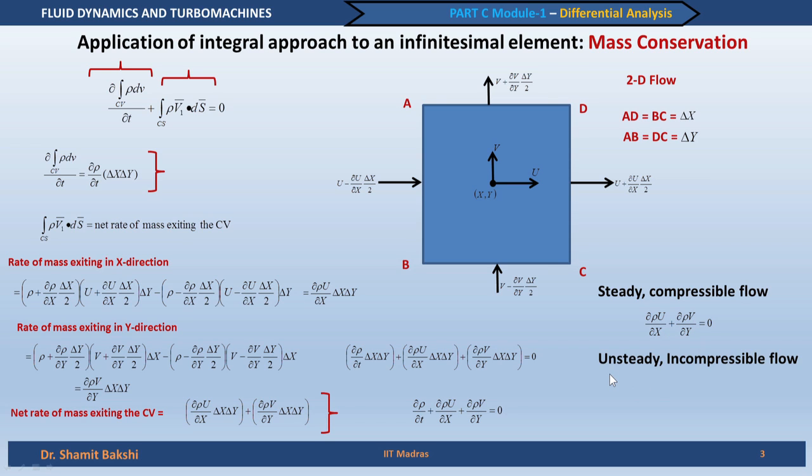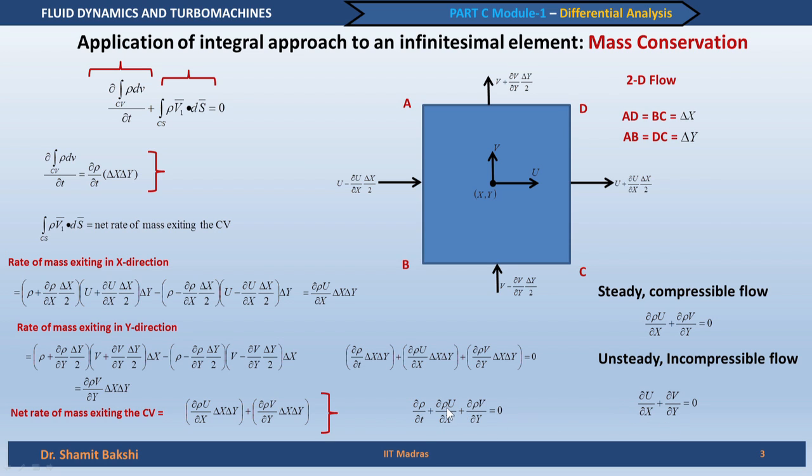Now, we can also find out the equation for an unsteady incompressible flow. We keep the flow unsteady, but we make it incompressible. If you notice, the only unsteady term appearing in the continuity equation is concerned with density, and by making the assumption that it is incompressible, this density is anyway constant. So, this term drops out even for an unsteady flow, and what we are left with is this equation.